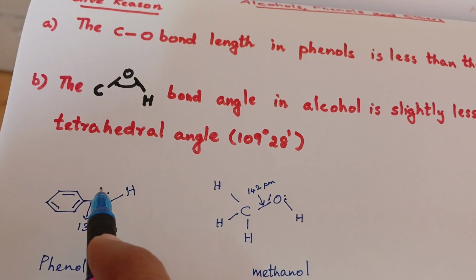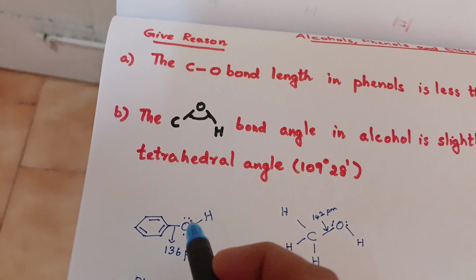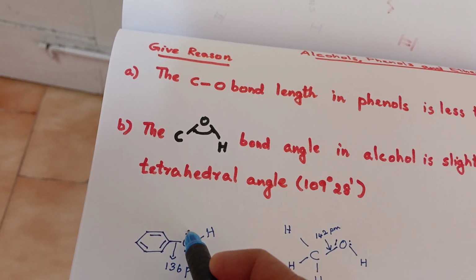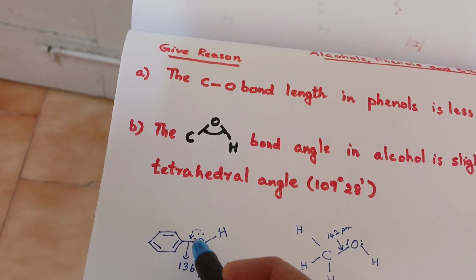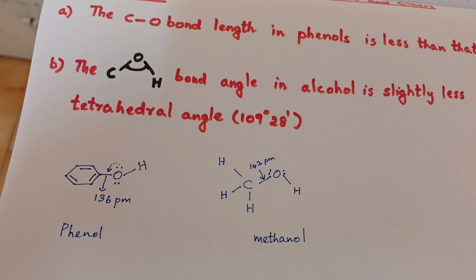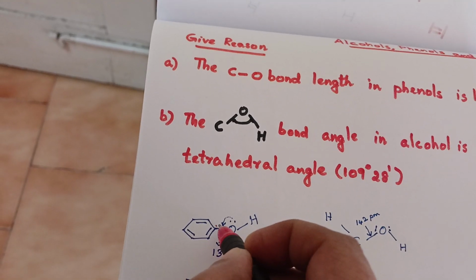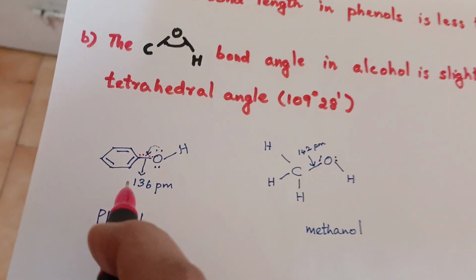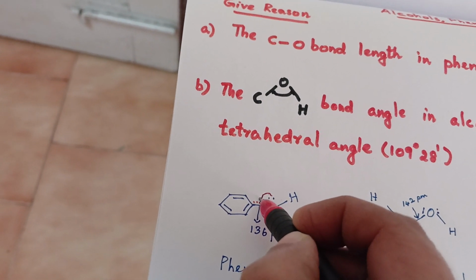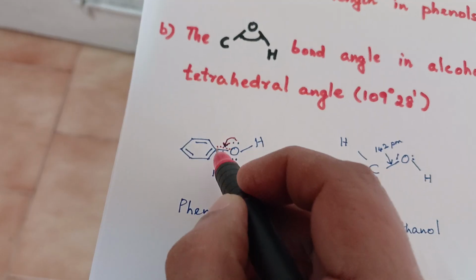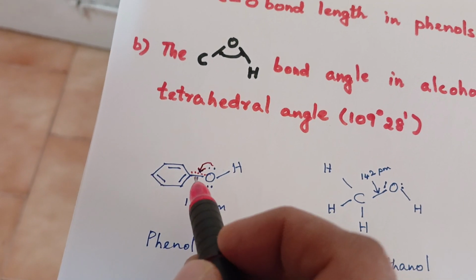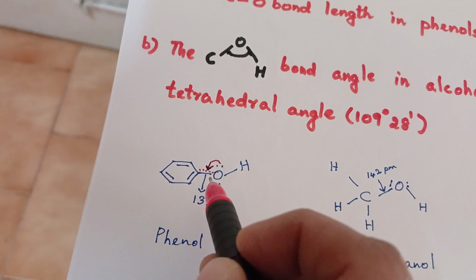So the lone pair from this oxygen can come in here, giving this bond a double bond character because of these electrons coming in.